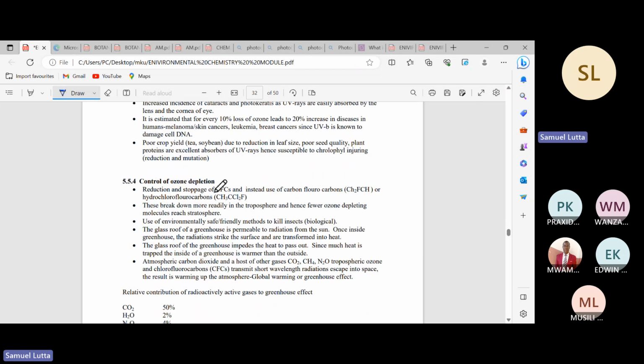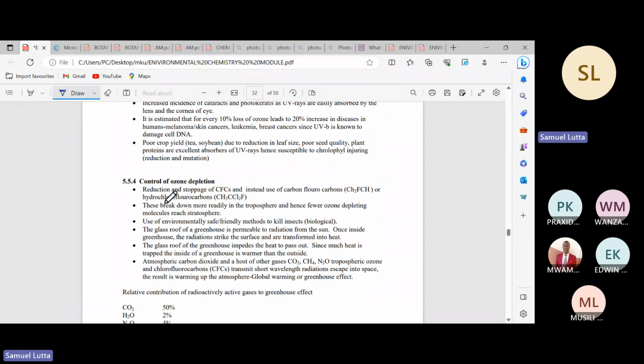So when you are asked, how do you control ozone depletion? To control ozone depletion, we can just say it is to remove the production of CFCs and NOs. CFCs and NOs, any reaction that will remove this will normally take care of ozone depletion. So we can use alternatives.